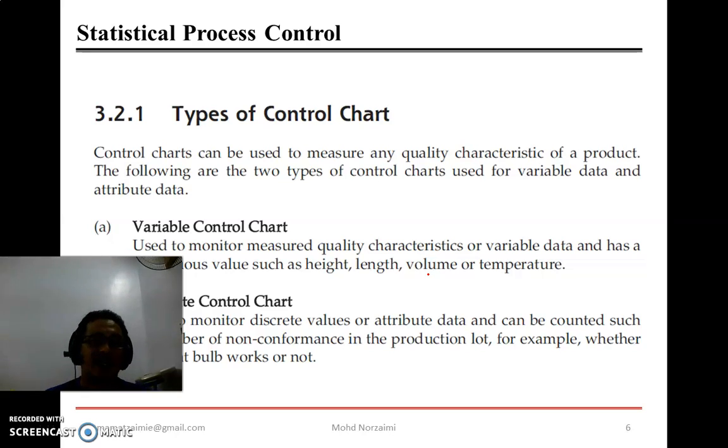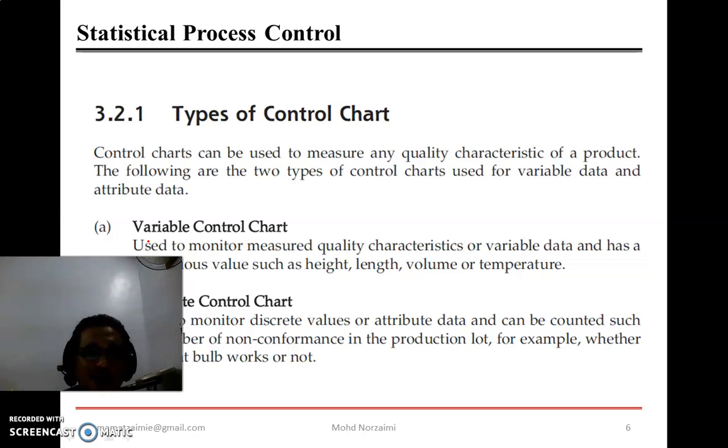In the previous chapter, I also mentioned two types of data we have in manufacturing: number one, variable data, and number two, attribute data. Just to recall what I mentioned before, variable data refers to data we can measure, data that has a unit such as mm, second, cm, inches, hertz, decibel.